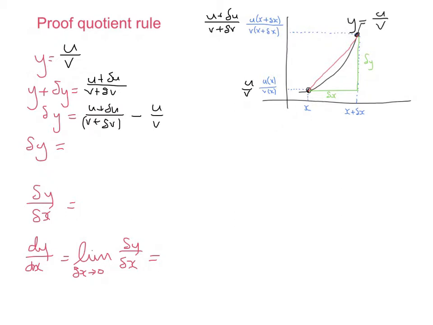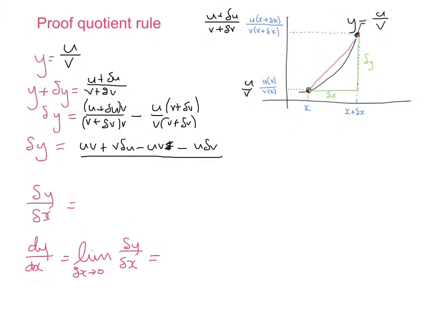So I'm going to multiply top and bottom of this one by v, and multiply top and bottom of this one by v plus delta v, just so I can add them up. And I get uv plus v delta u minus uv minus u delta v, all over v brackets v plus delta v.